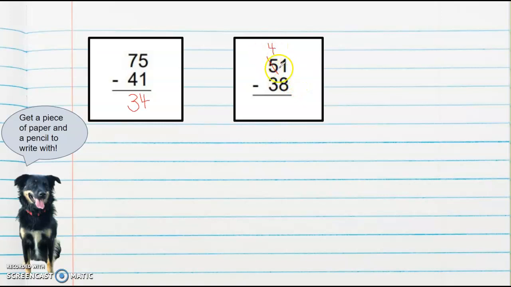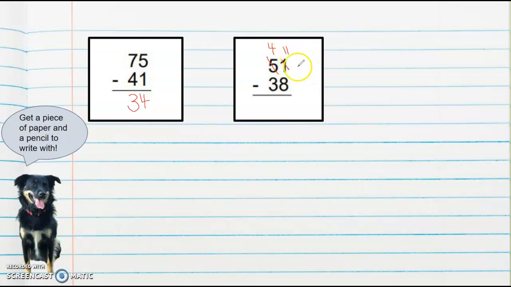The 1 that I just took from over here makes my 1 turn into an 11. So I have my 1 from here, I have my 1 from here, which creates the number 11.